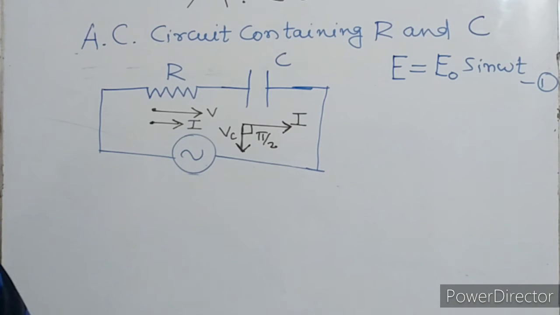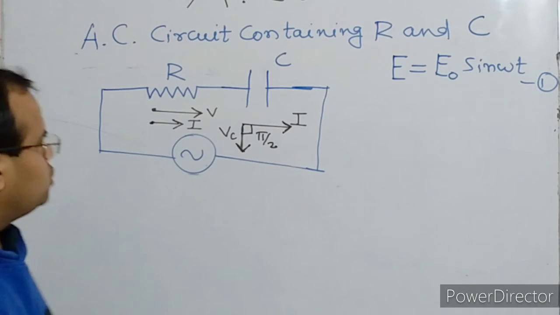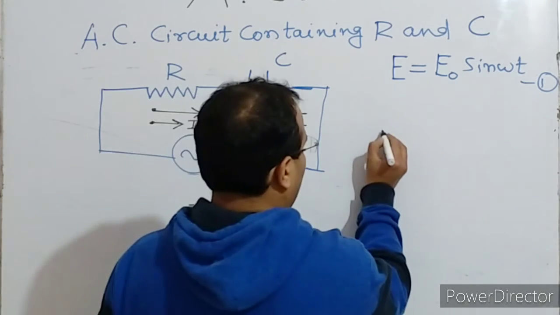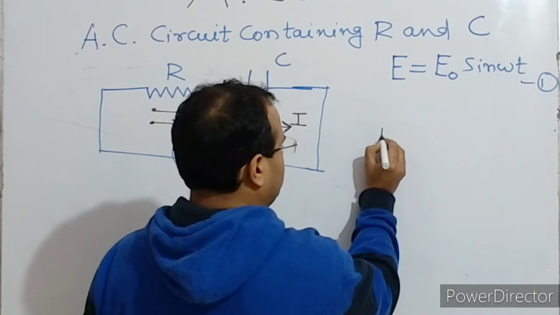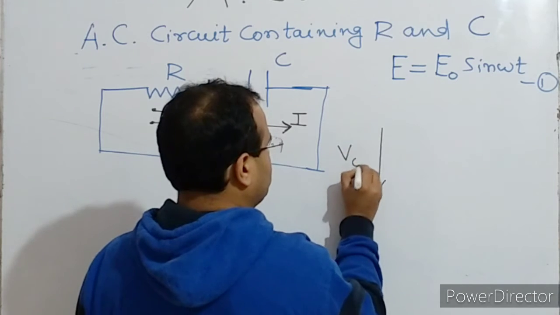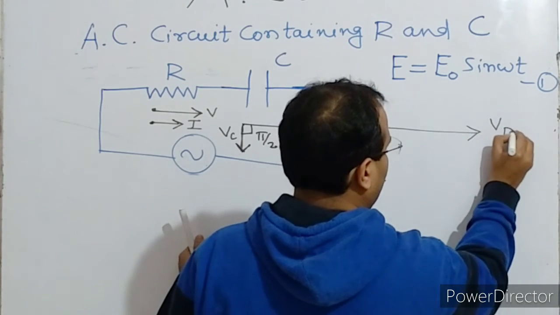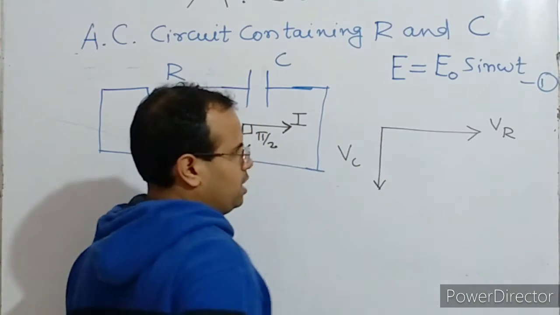Now when we are talking about the combination of resistance and capacitor, if we combine these two, here we have the voltage across the capacitor VC, and here the voltage across the resistor VR, and the angle between them is 90 degrees.